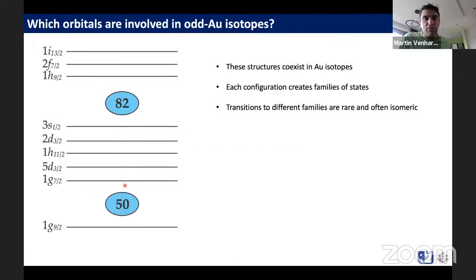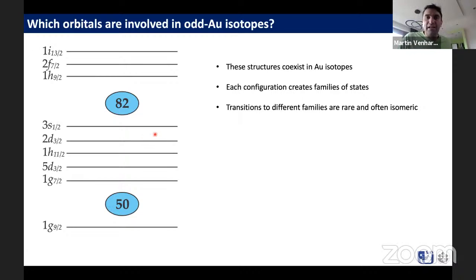Okay, so what kind of orbitals are involved? This unpaired proton can be in one of these orbitals, or also in these above Z equals 82. Each configuration that we form here, we can understand as having its own Hilbert space and living in that Hilbert space, and very rarely do they communicate with each other.